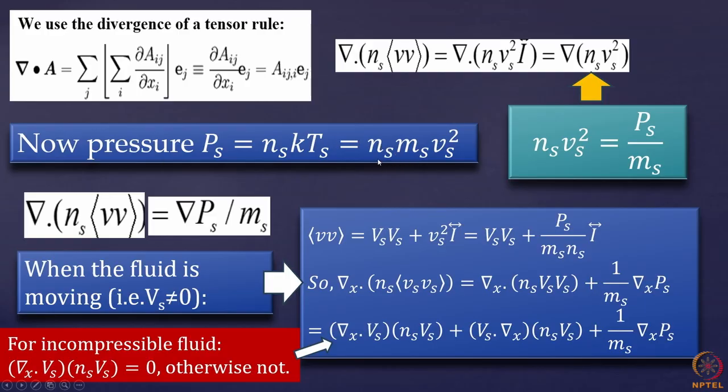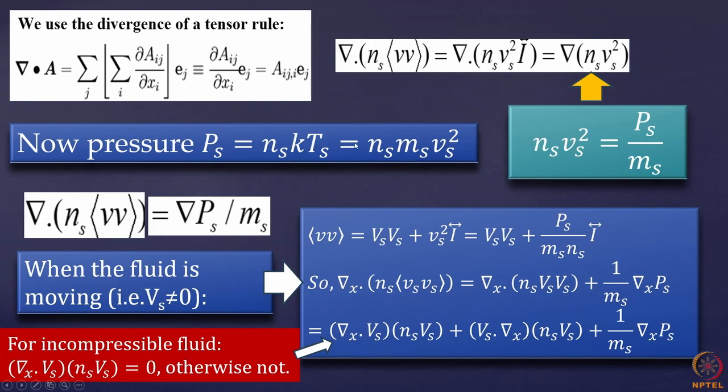And what we can do is equate KT with ms vs square. So this is the thermal energy, and we are equating it with that speed like this. So KTs is the thermal energy, and that is ms vs square. We did this same thing in our previous classes as well, that we compared half ms vs square, the kinetic energy, with half KT, the thermal energy.